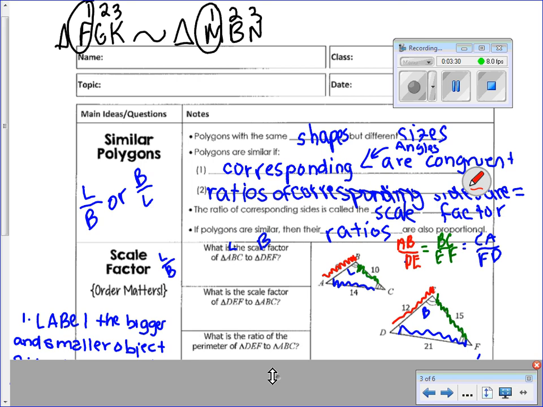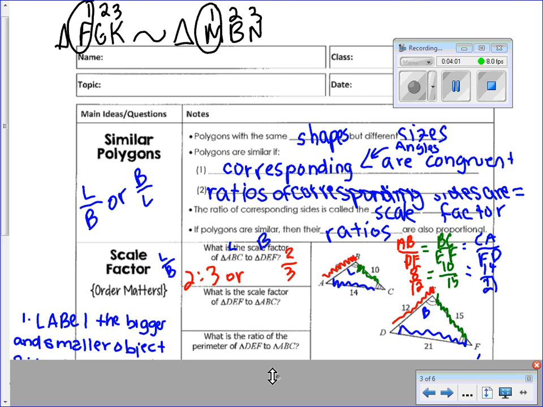So 8 over 12 is equal to 10 over 15. Is this equal to 14 over 21? If I put this in my calculator, yes. All of it reduces to 2 to 3, or in fraction form, 2 over 3.